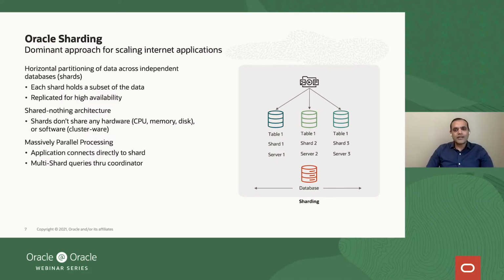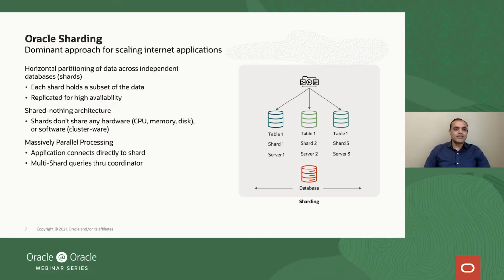So sharding, as we all know, has been the dominant approach for scaling internet applications, whether it's a search-like application, social media, emails, streaming data, etc. These kinds of internet scale applications have been using sharding to achieve planet scale or global scale.